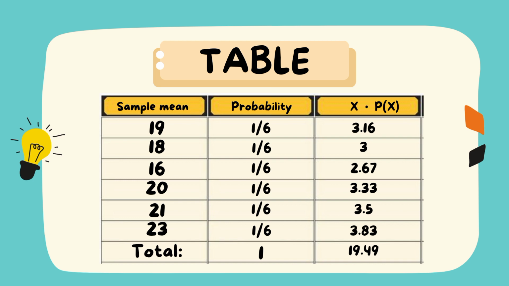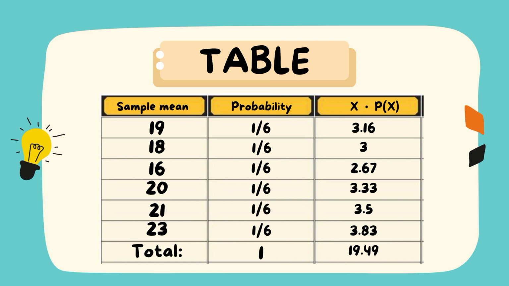20 times 1 is equal to 20, divided by 6 is equal to 3.33. 21 times 1 is equal to 21, divided by 6 is equal to 3.5. 23 times 1 is equal to 23, divided by 6 is equal to 3.83.